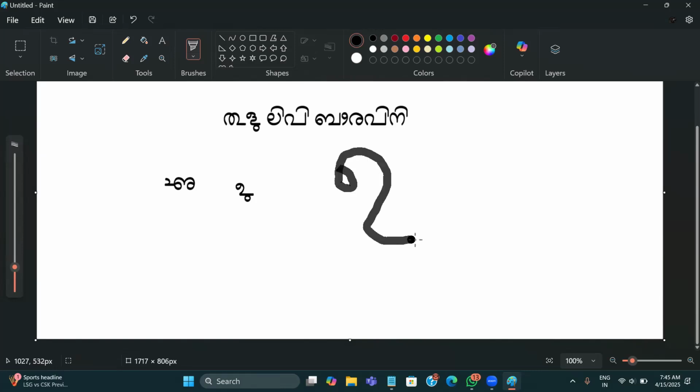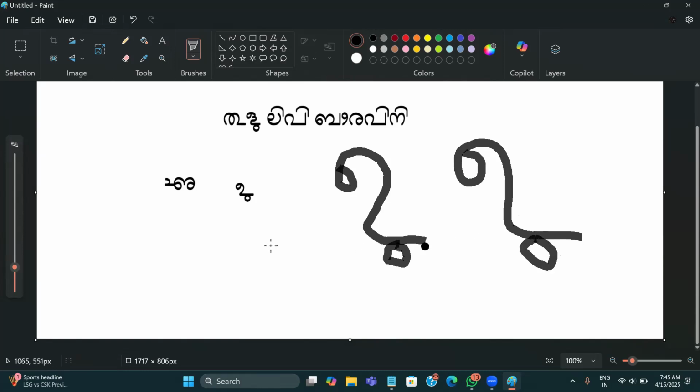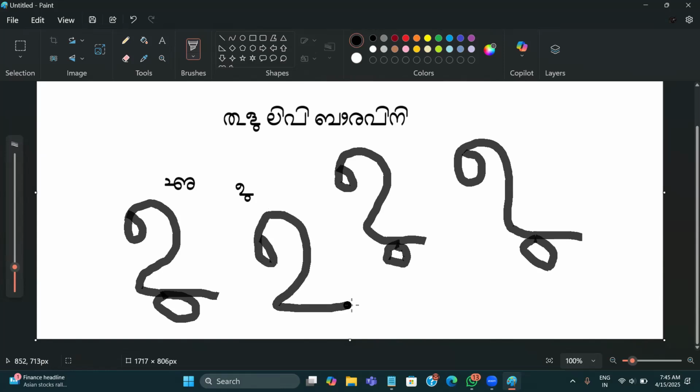Firstly, a curve like U only, and a small round here. We can write firstly one curve like this. This is the older format. I will show you again. Like this we have to do. After that, a small round has to be attached to U. This is U.